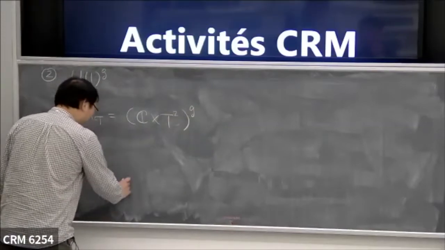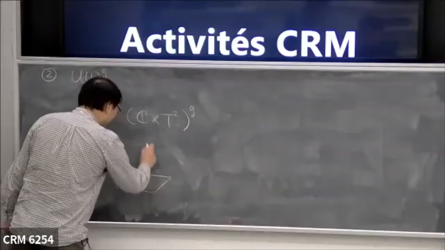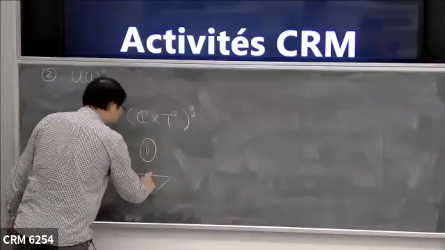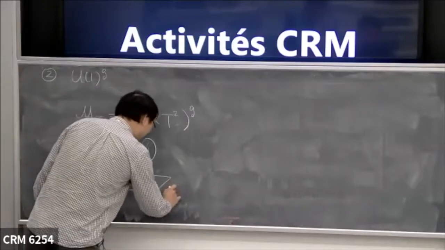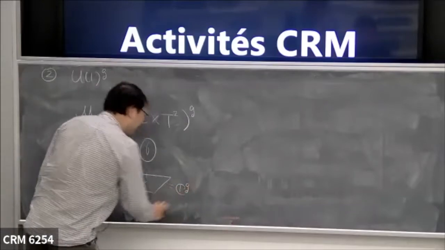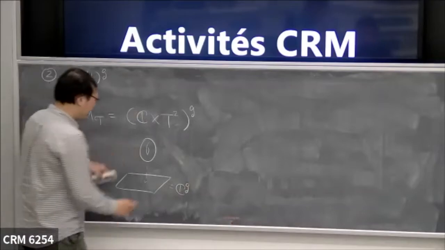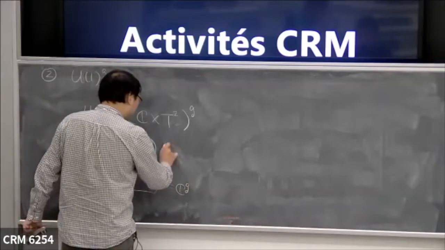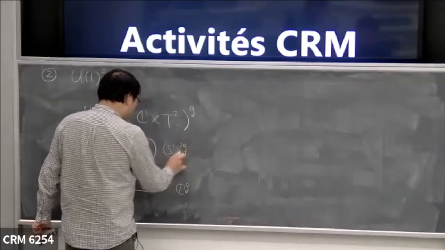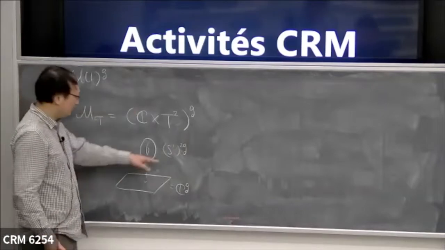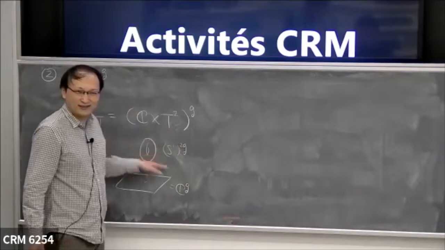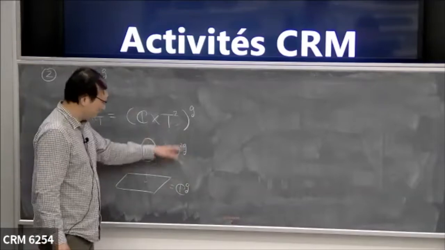I don't know how to draw this, but if I draw it, it will look exactly like that one, with the understanding that this is C to the G. And this one is supposed to be S1 to the 2G. But again, this is a hyperkähler manifold, so there's some complex structure over here. So what shall we do?